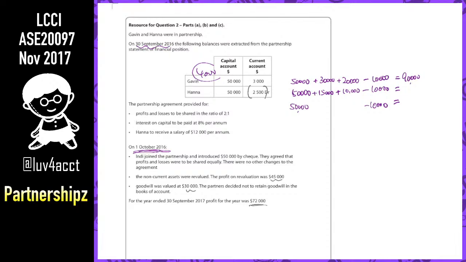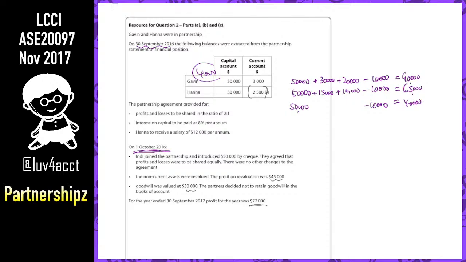And then for Hannah, 50, 15, 10 minus 10, 65,000. And then 40,000 for Indy.